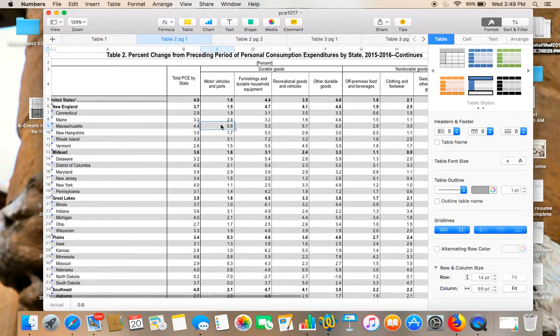For Massachusetts, under furnishings and durable home goods, home equipment, this category rose 5.3% from 2014, so that rose about 5%, which is a good thing in sales. And then for recreational goods and vehicles, that's 5% from 2014 also.